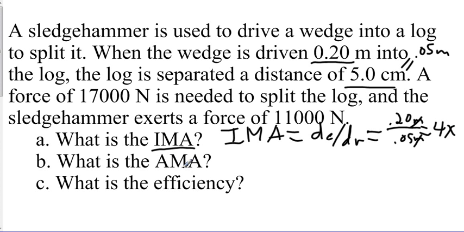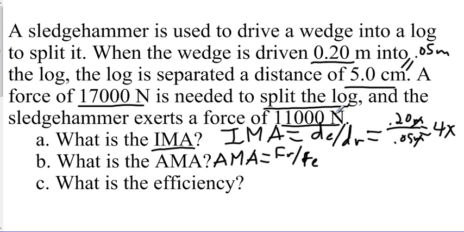So what is the AMA? The AMA is the ratio of the forces. It's going to be the FR over FE. So we look here. A force of 17,000 newtons is needed to split the log. That's the output. That's what the system is trying to do. And the sledgehammer exerts a force of 11,000 newtons.